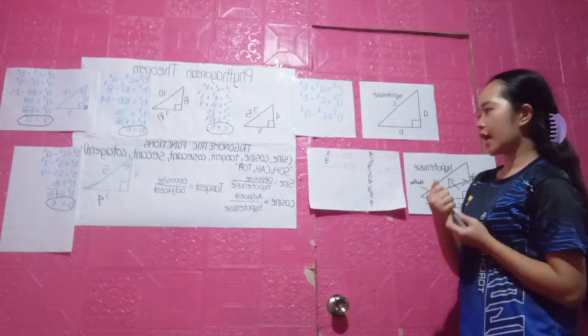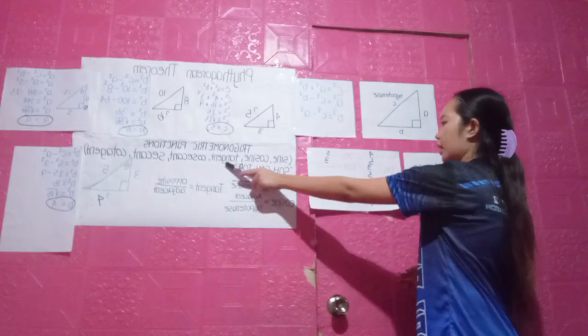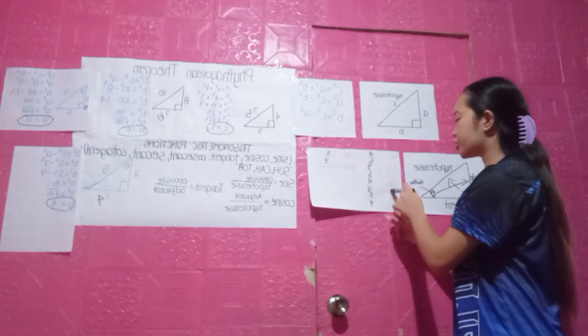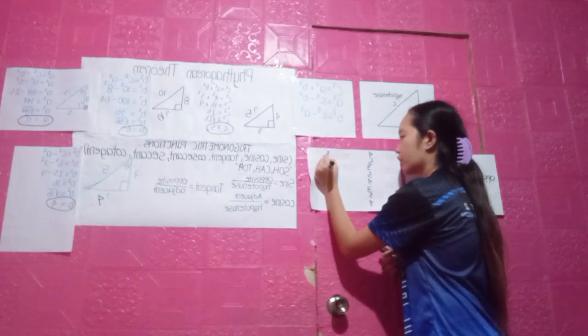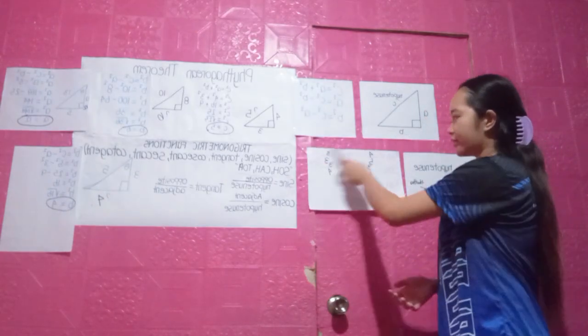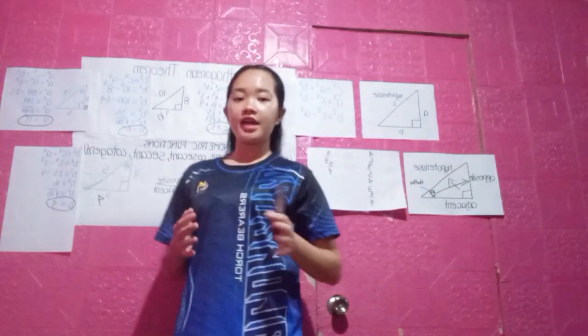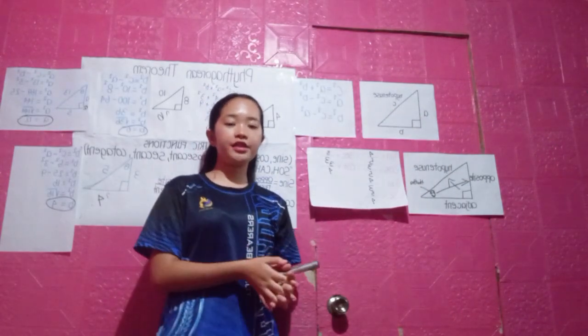Then cotangent. Cotangent is the reciprocal of tangent, and tangent is 4 over 3, so cotangent becomes 3 over 4. And that's all I need to share with you, and I hope you understand.